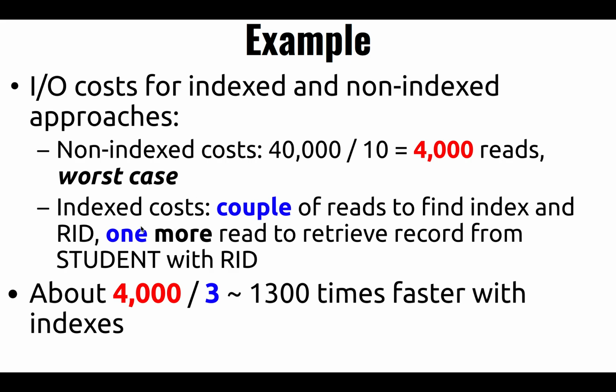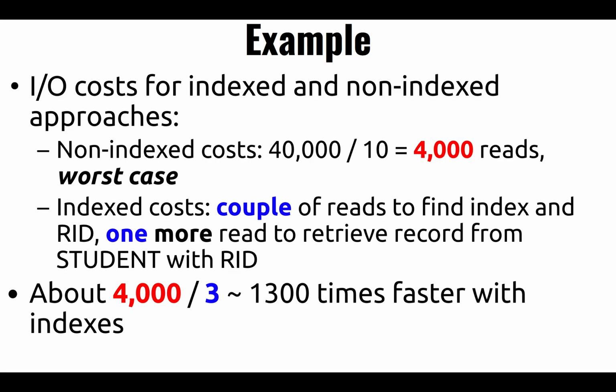Whereas if I am using the index, right, it would only take me a couple of reads to go and find the index, to go from the index to the record ID, right? Because again, it's a tree. The tree is a much smaller structure that I can store, and I can very easily traverse from the root down to the leaf of the tree, right, and jump directly to where the record is, and find it in the file block.